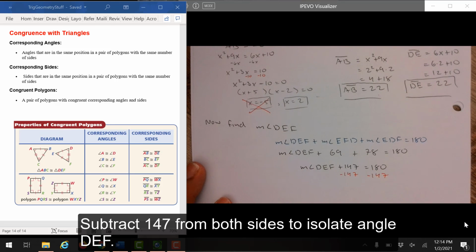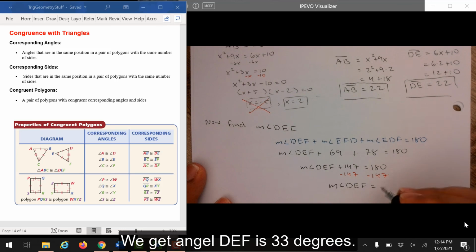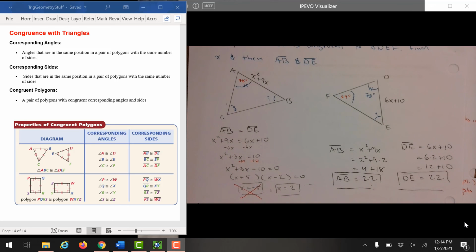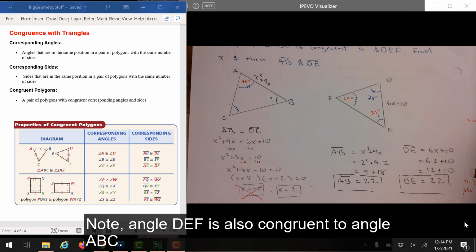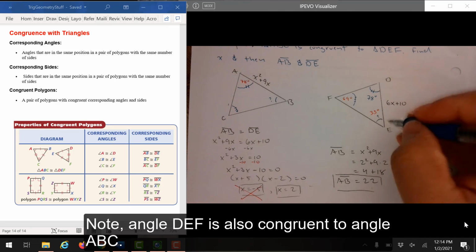Subtract 147 from both sides to isolate angle DEF. We get angle DEF is 33 degrees. Note, angle DEF is also congruent to angle ABC.